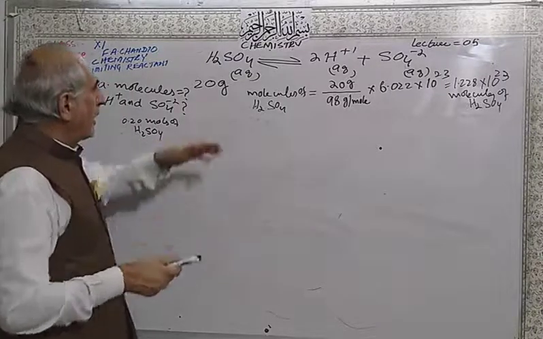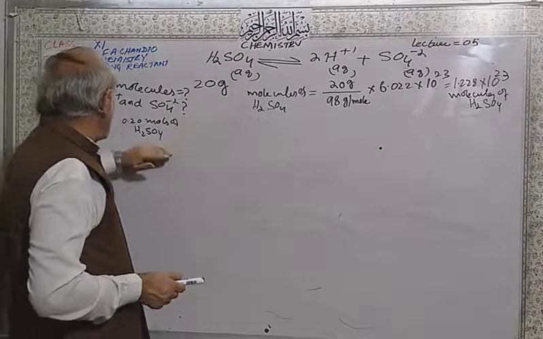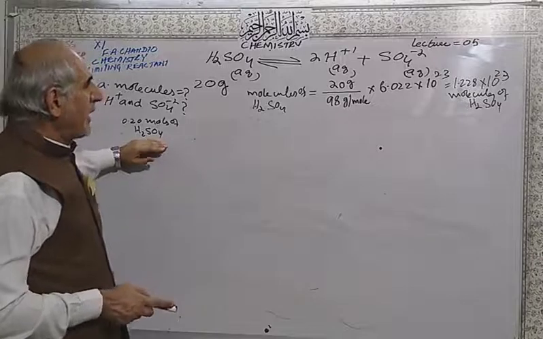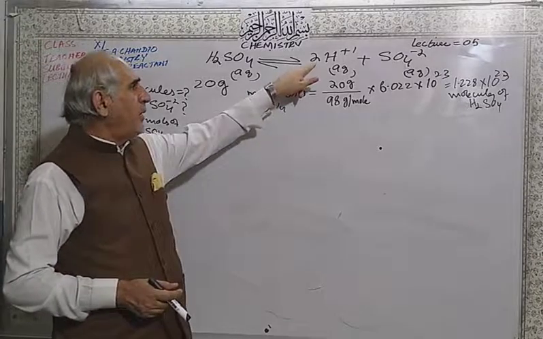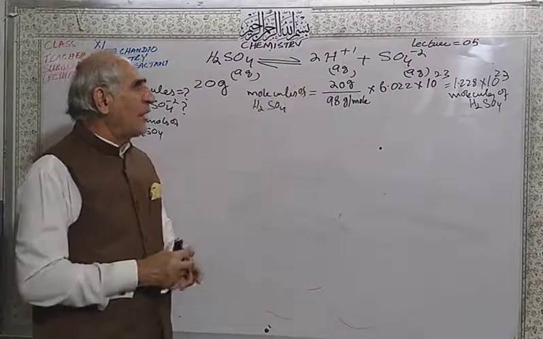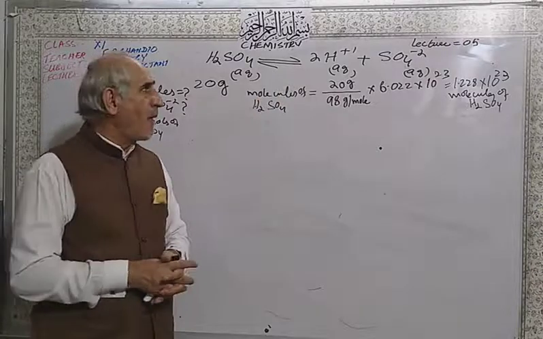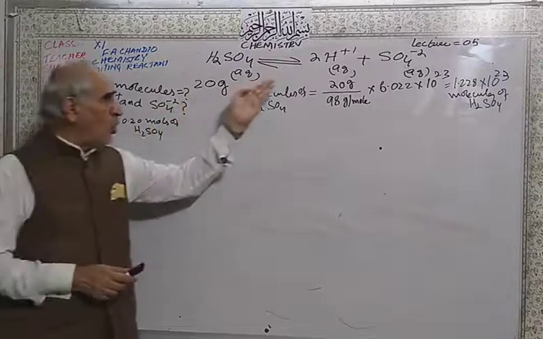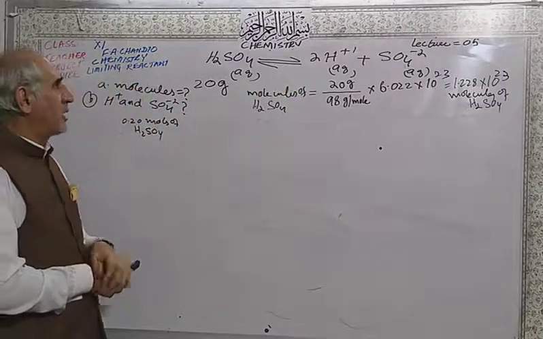Now, the moles of sulfuric acid are calculated. The question asks for the number of hydrogen ions and sulfate ions. First, you have to calculate the number of moles of hydrogen ions.